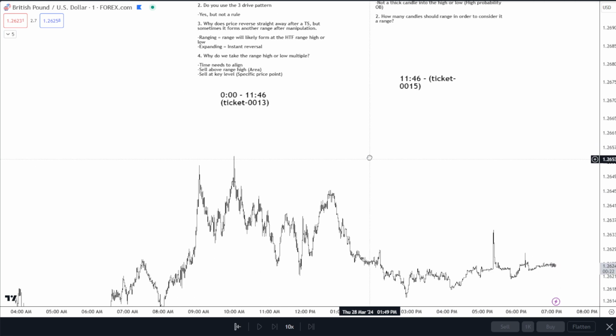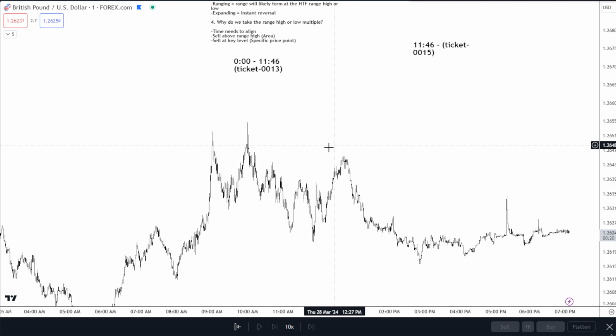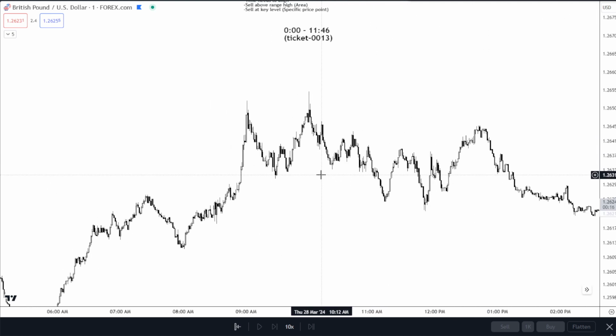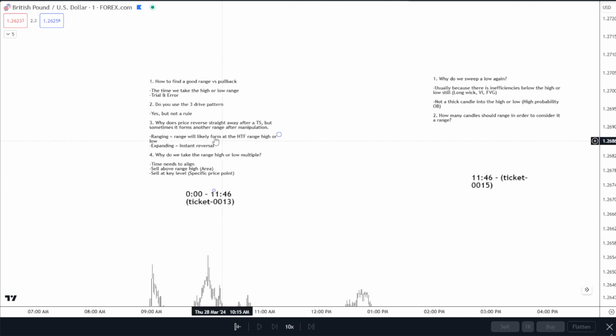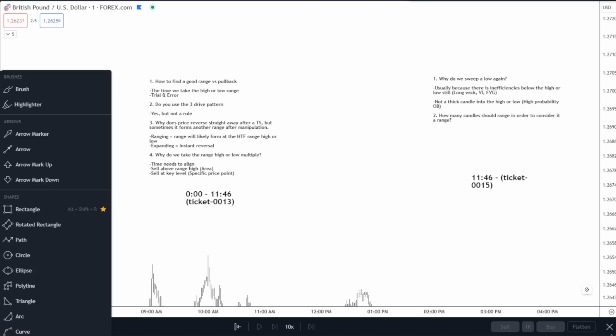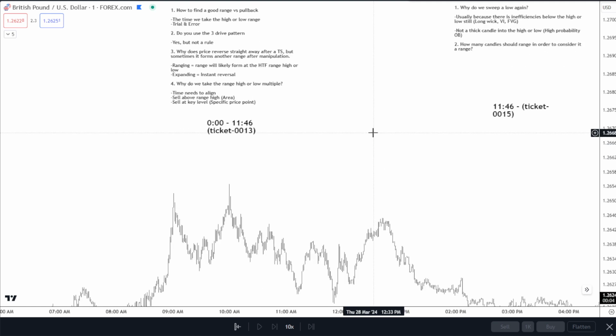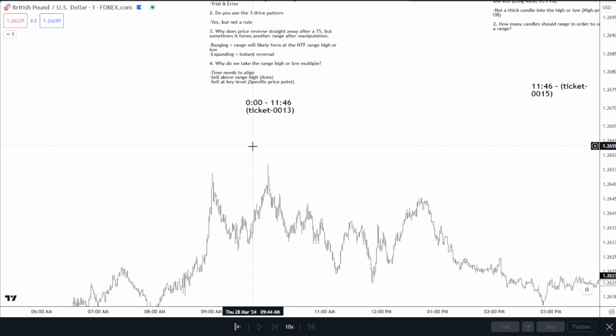And honestly, it doesn't have to range like this, right? When you think of a perfect range, you're thinking of perfect highs and lows. It doesn't always have to do that. As long as you have a range high that's prominent and a range low that's prominent, and then some chop in between.